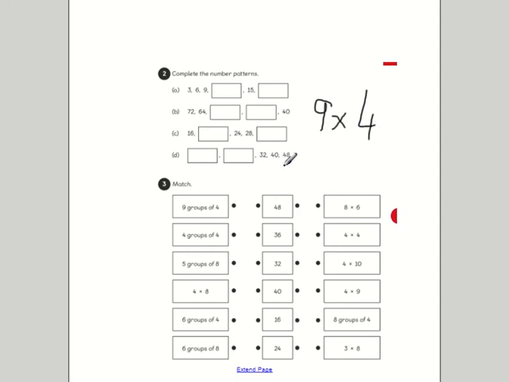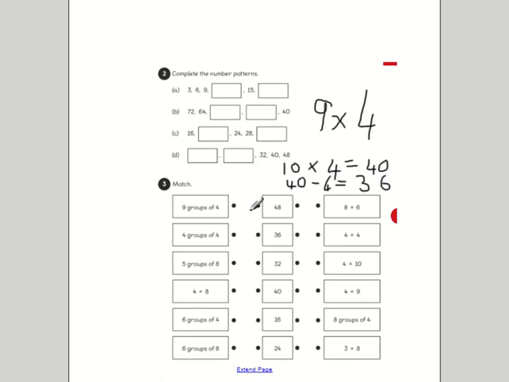Well, if you're not too sure, you could always do 10 times 4, which is 40, and take 4 away. So 40, take away 4, equals, well, let's count back, 39, 38, 37, 36.